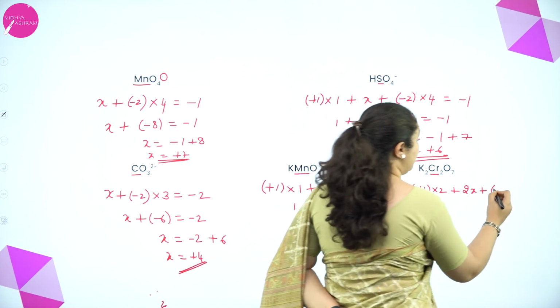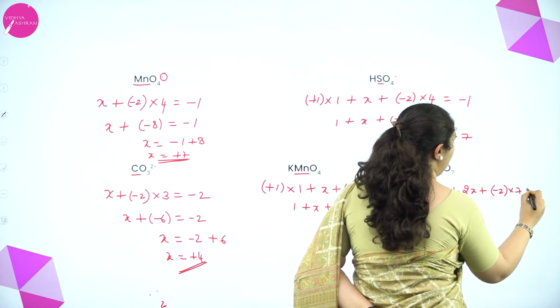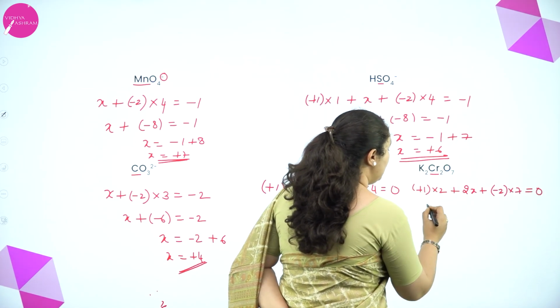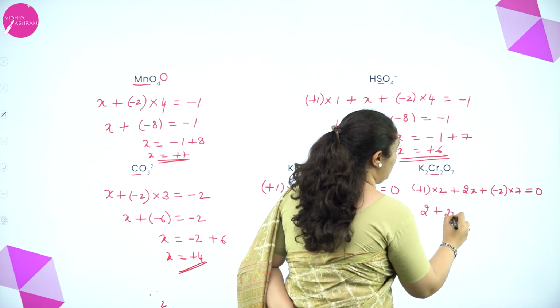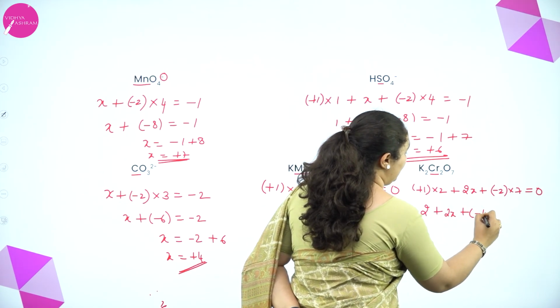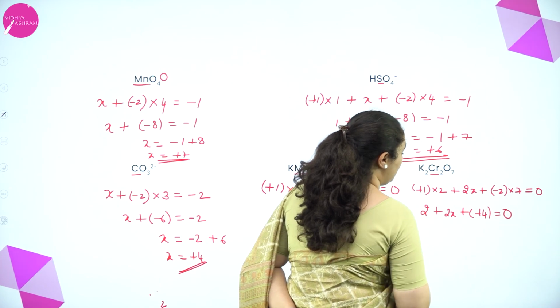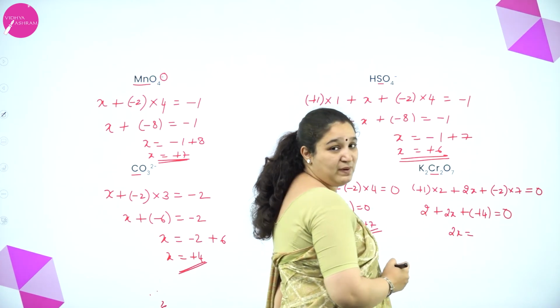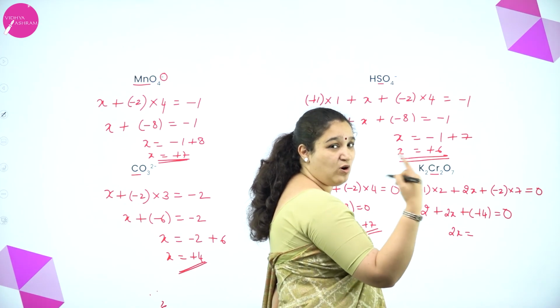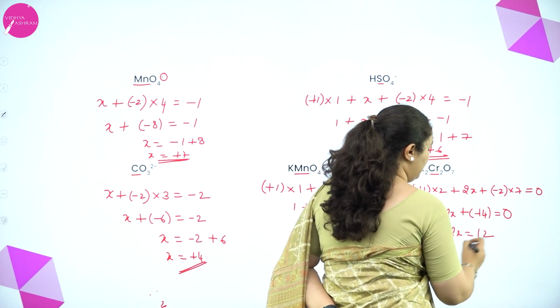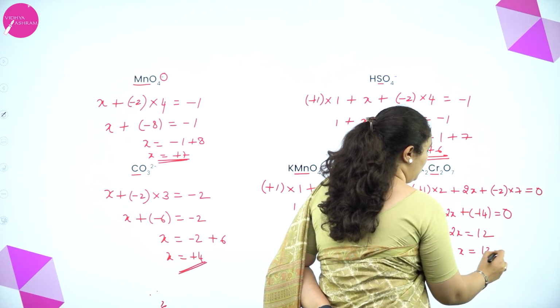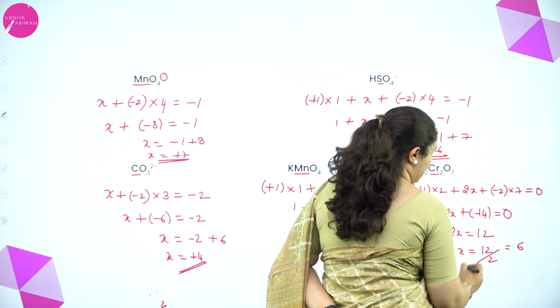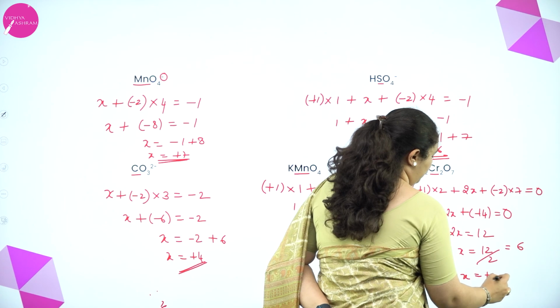How many do you have? 7. So, into 7 is equal to 0. Okay, so this is 2 plus 2x plus minus 14 is equal to 0. So 2x is equal to minus 14 plus 2, which is minus 12, which if I take to the other side is 12. So x is equal to 12 divided by 2, which is 6. So x is equal to plus 6.